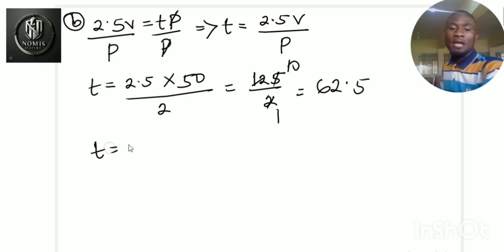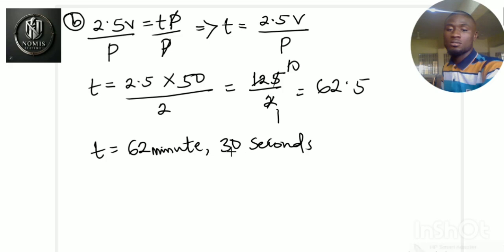So the time it will take is 62 minutes. This 0.5 means half. Half of a minute is what? 30 seconds. So this is the time it will take to fuel 50 vehicles in a station of 2 pumps within the given parameter. So 62 minutes, 30 seconds.